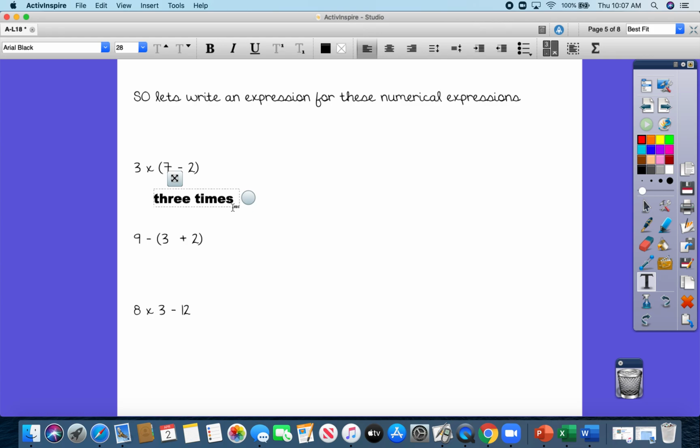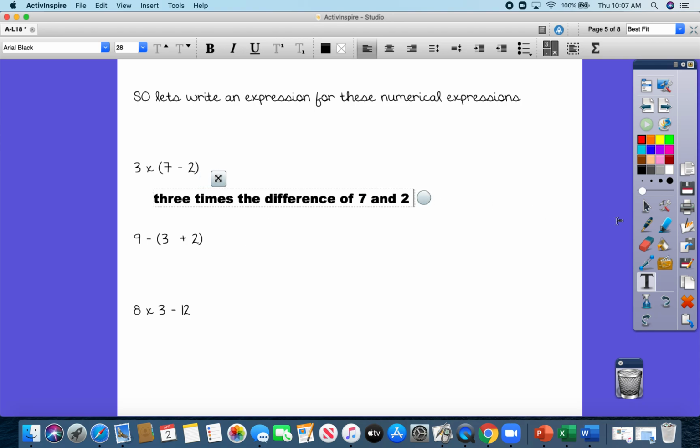I'm not going to say 7 minus 2 because that's not going to mean parentheses. I need to use a word that's going to make me do that first. So that means I've got to get the answer of 7 minus 2. So what is the answer to a subtraction problem? The difference. So 3 times the difference of 7 and 2.